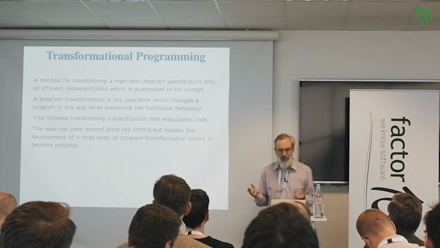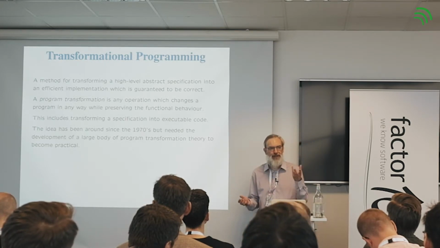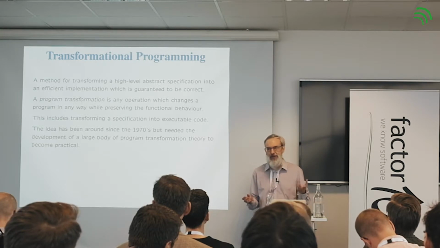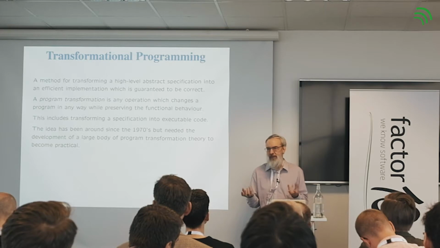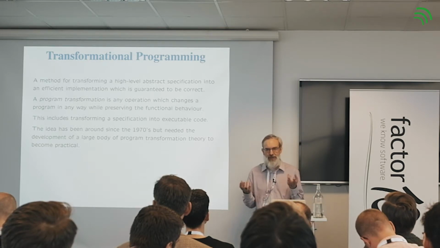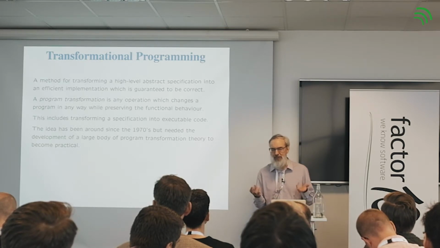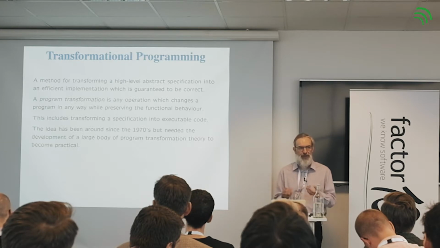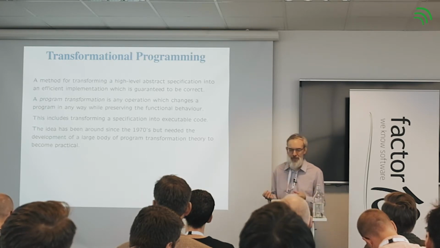A program transformation is any operation which takes a program and changes it in some way and produces another program where you can guarantee that those two programs have the same semantics, the same function, they're functionally equivalent, they have the same external behavior.